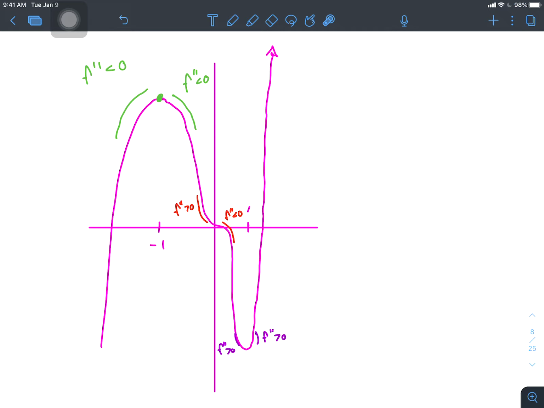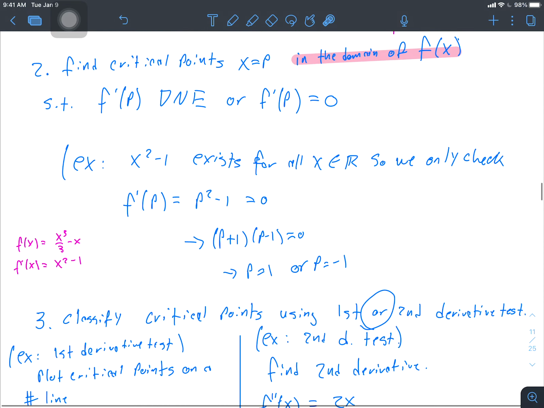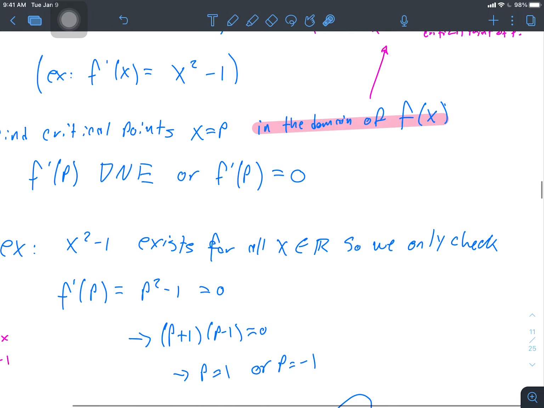So as long as I can say whether the function is concave down or concave up at the critical point, then I can say it's either a maximum or a minimum. So here's how the second derivative test works. Again, I need to find the critical points. Once I have the critical points in hand, my goal is to take the second derivative and plug them in. See what I get?